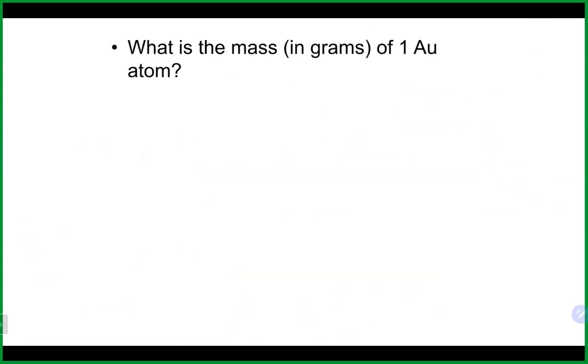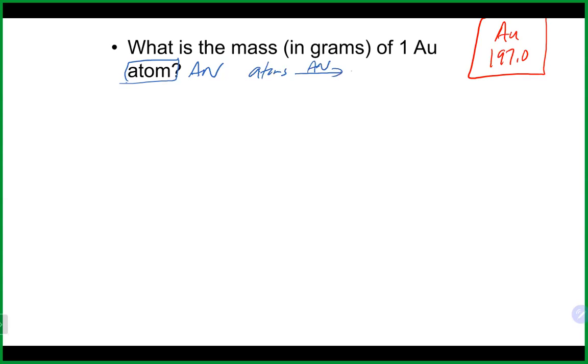All right, so what is the mass in grams of one gold atom? If you go to gold on the periodic table, 197 is what you get. See what you come up with here. The keyword there is atoms, which means Avogadro's number should be used somewhere along the way. We're starting with atoms, so using Avogadro's number will take us to moles, and then we go from moles to grams using the molar mass.